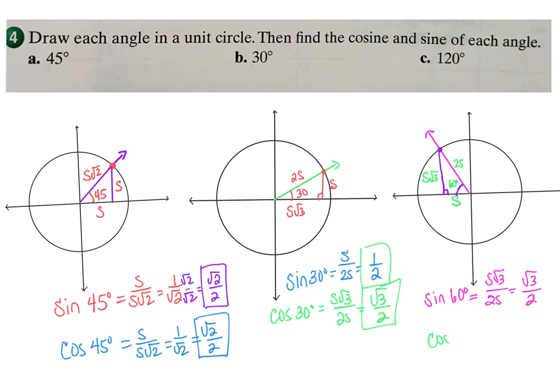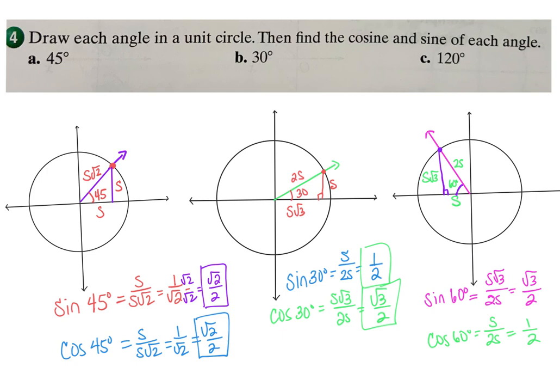And if I do the cosine, then I get just my side over my 2 side, which is 1/2. Now, you will notice that a 120 and a 60 had the same measurement.